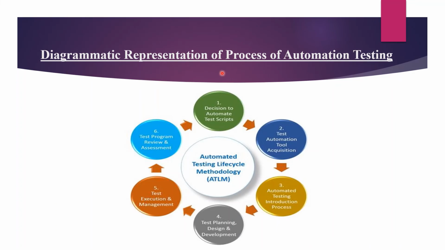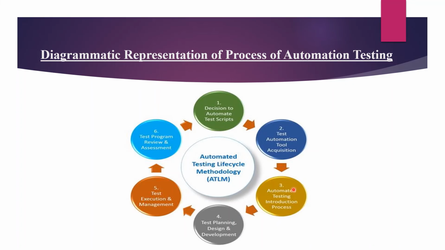Here is a diagrammatic representation of how automation testing is started. First of all, the automation tester decides which test script to automate. After that decision, the test automation tool is acquired by the automation tester. After acquiring the tool, they think about the test scripts and introduce the other teammates to them.